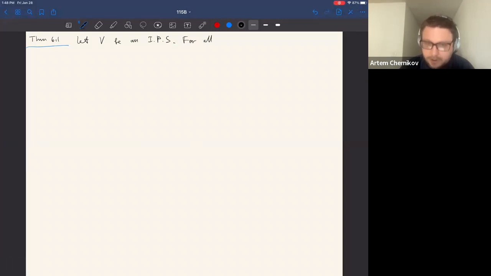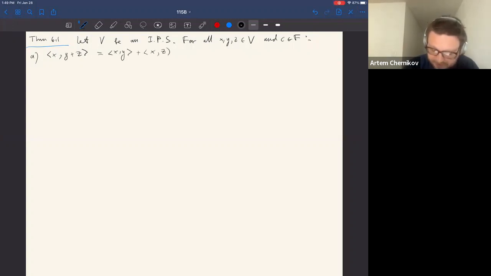Then for all x, y, z vectors in V and scalars c in F, we have the following simple properties. First of all, if I take x inner product with y plus z, then I'm going to get x inner product with y plus x inner product with z. Here we just combine the linearity plus symmetry from the axioms. All these properties are easy and follow quickly from the axioms.